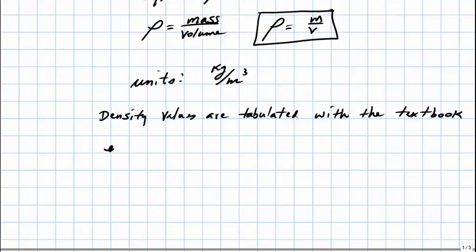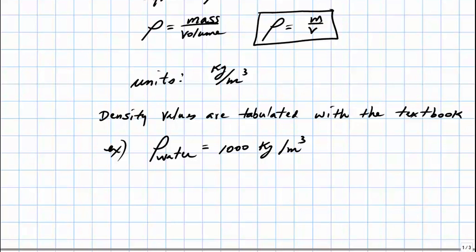For example, the density of water is given as 1,000 kilograms per cubic meter. So if we had a box whose volume was 1 cubic meter and we filled it with water, the mass of the water would equal 1,000 kilograms.